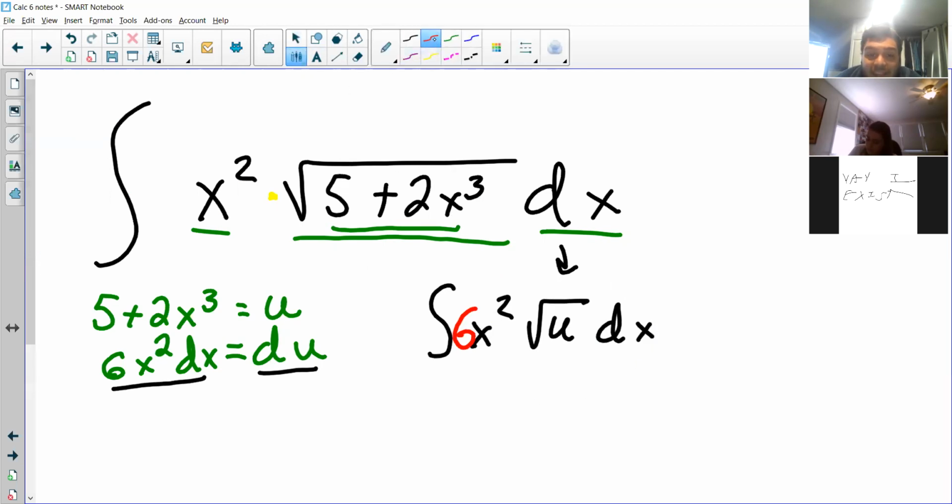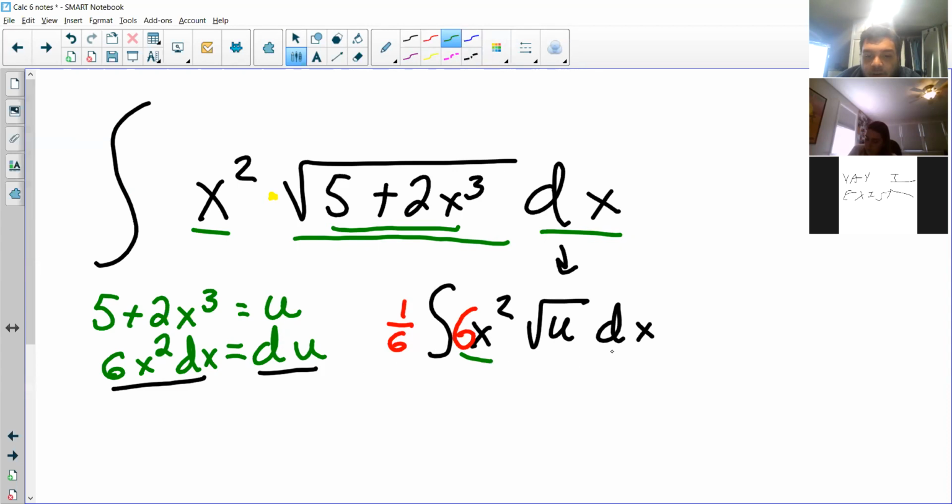But if I multiply inside the integral, I have to do the opposite outside the integral. So I'm going to divide by 6, or represent it as a fraction 1 over 6. So whatever I do inside, I have to do the opposite outside. If I multiply something, I have to divide it on the outside.